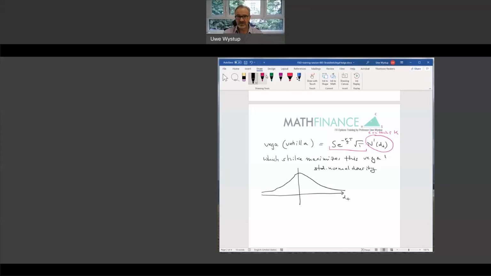You can do maximization by visual inspection. Of course, it works if you take first order conditions, set the derivative equal to 0 and do all the algebra. It's not necessary because we can already see that the max is sitting right on the top. No argument necessary because we know the normal density function. So the max is at the point where d plus is equal to 0.